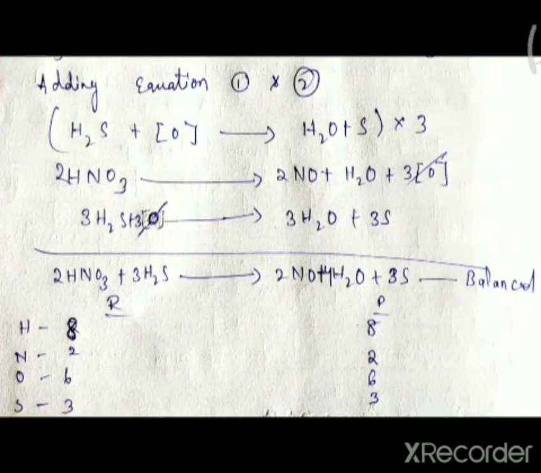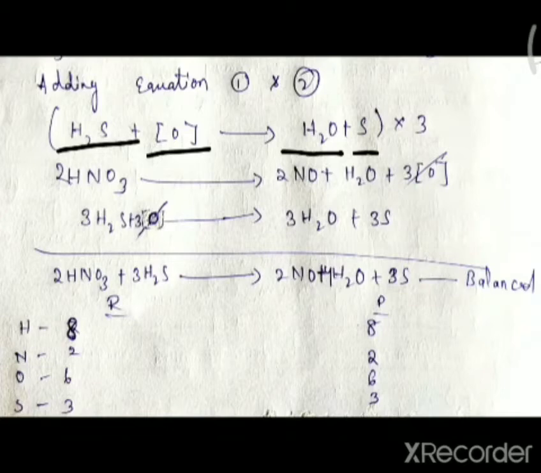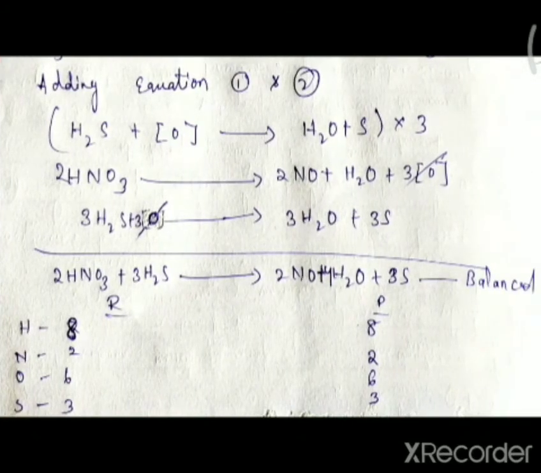Okay, see here. Your first equation was H2S plus O gives rise to H2O plus S. Then your second equation, 2HNO3 gives rise to 2NO, 2H2O, then 3 nascent oxygen.